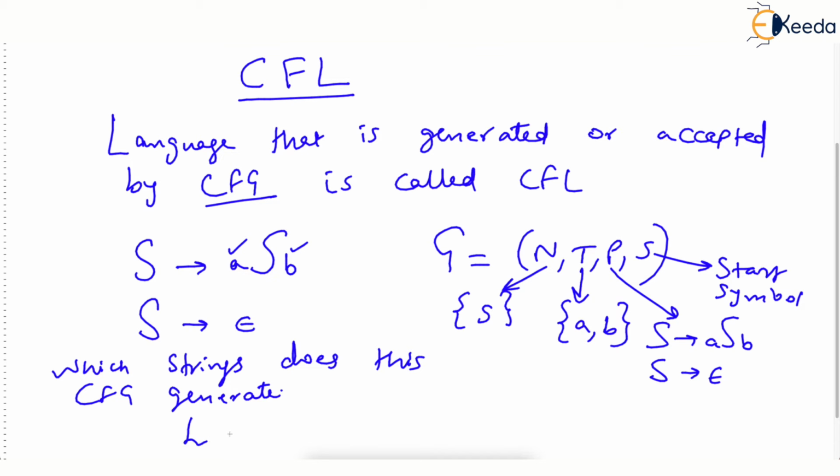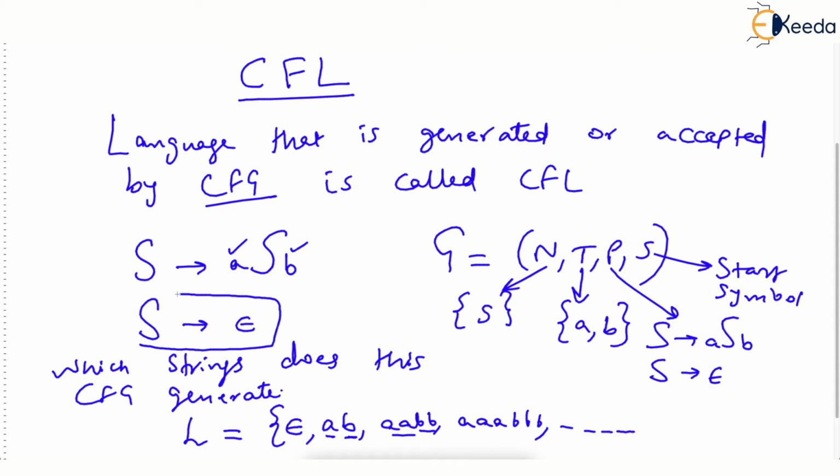So the strings generated by this language L are like AB, double A double B, triple A triple B, and so on. All the strings which have the same number of A's followed by an equal number of B's. But there is also one more string generated called epsilon, because the start symbol can directly generate epsilon also.